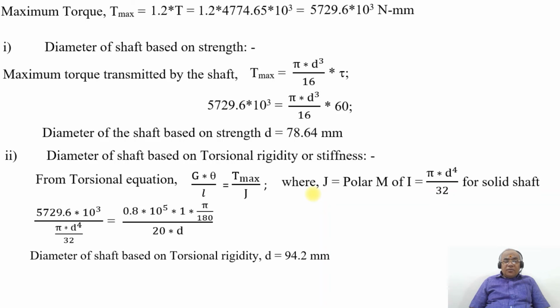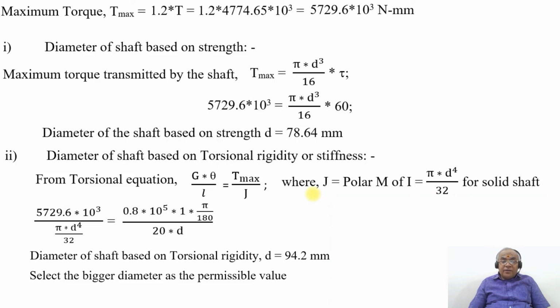So we have found out the two diameters. One is the diameter of the shaft based on the strength, which is D equals 78.64 mm, and the diameter of the shaft based on the torsional rigidity, which is D equals 94.2 mm. We select the bigger diameter as the permissible value.